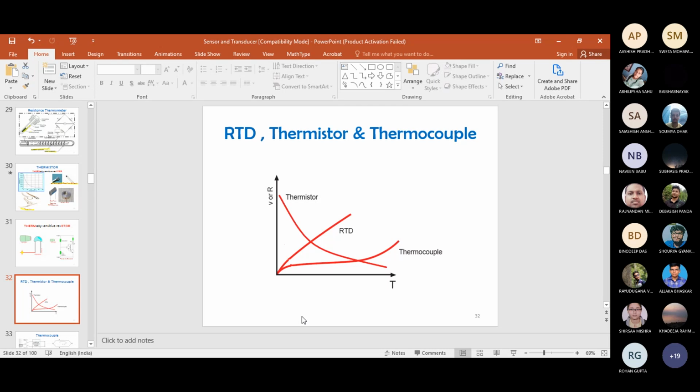You can see the most important thing: the nature of all the waveforms or curves is non-linear. That is one important thing.